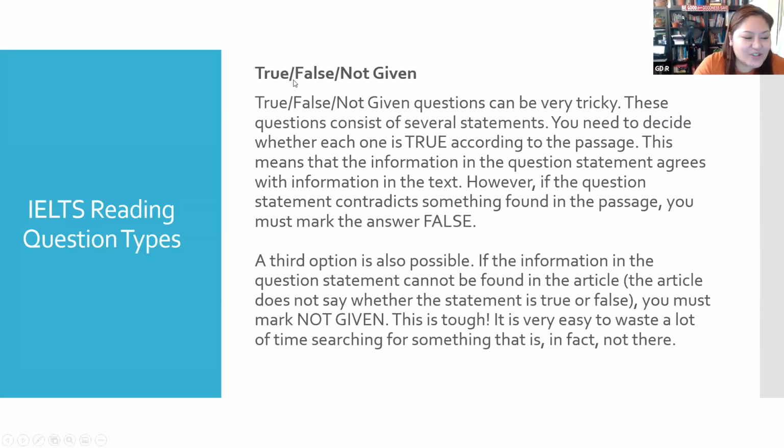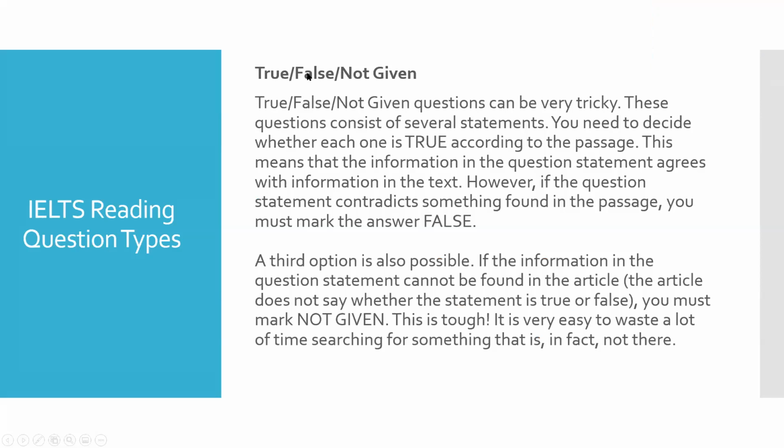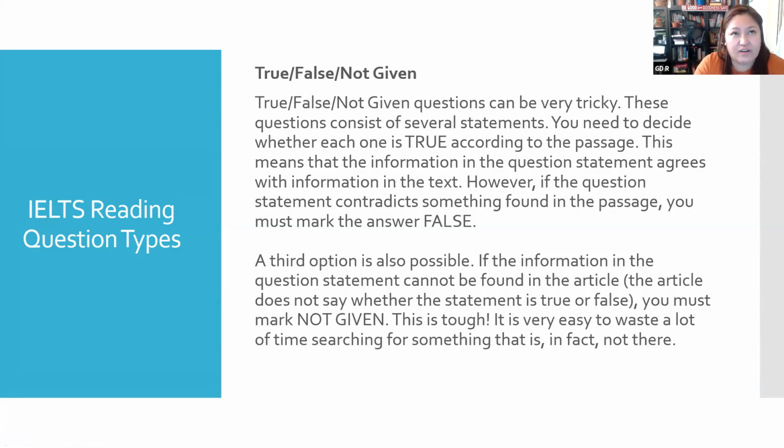Again, this is the most challenging part. Some people find it quite difficult to choose if it's false or not given. It's easy to say if the passage is true, but it's much more difficult for people to check if it's false or not given.